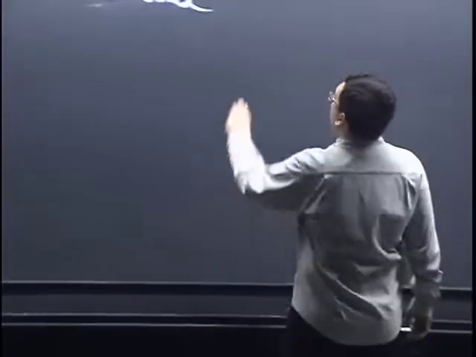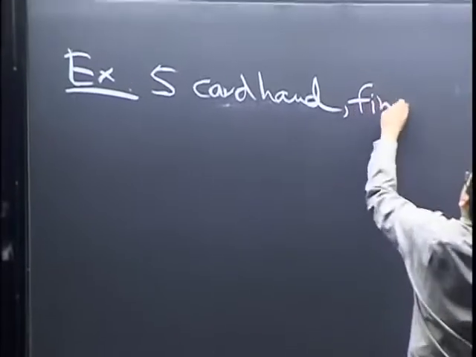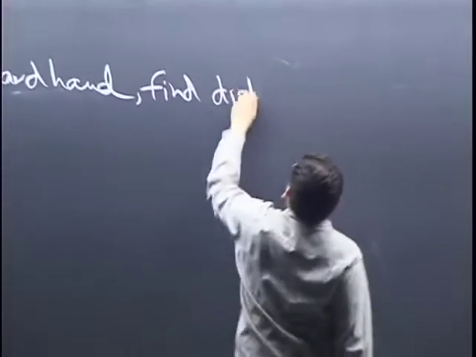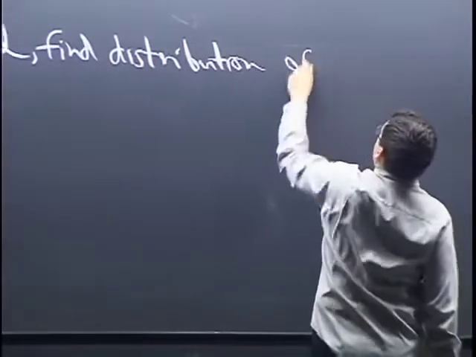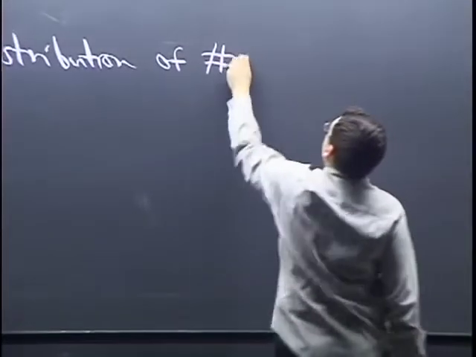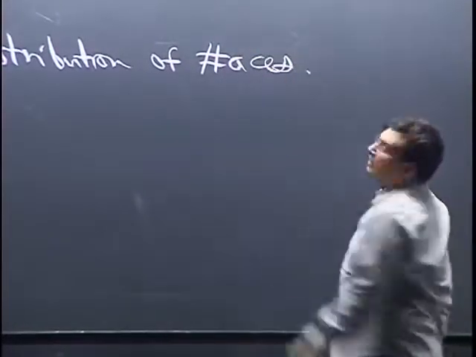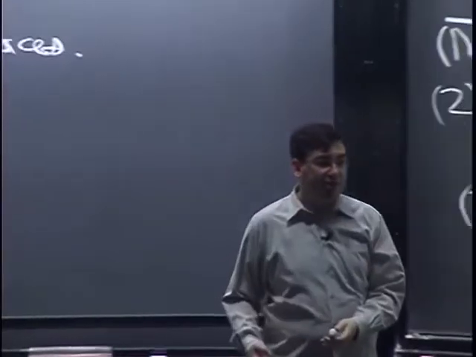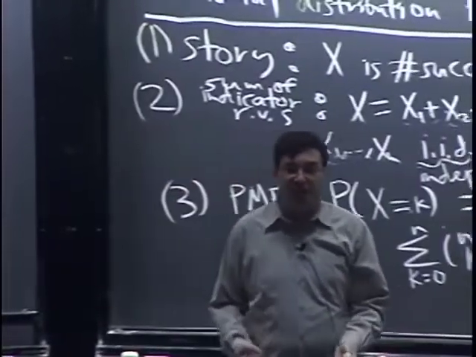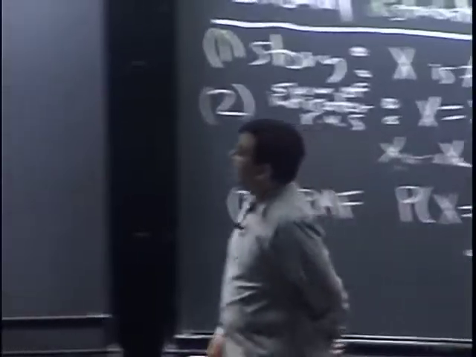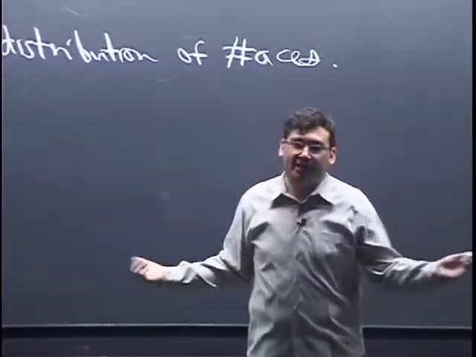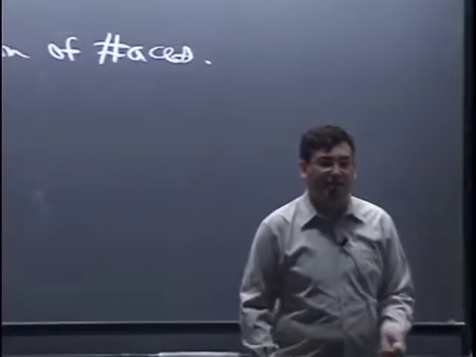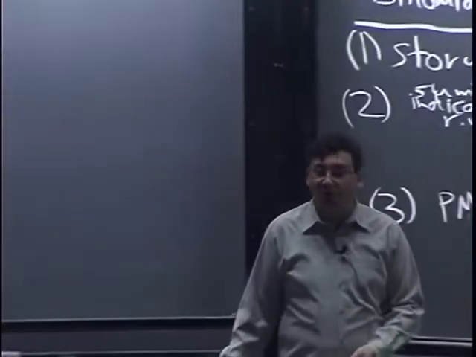And we want to find the distribution of the number of aces in the hand, right? So we pick a random subset, 5 cards out of 52, all subsets of size 5 equally likely, and there's some number, possibly 0, of aces in that hand. We want to know what its distribution is.